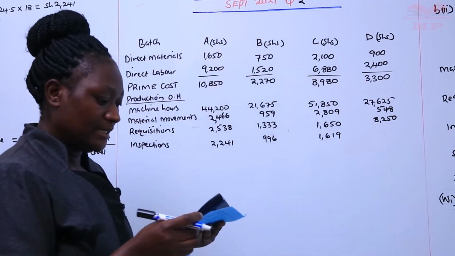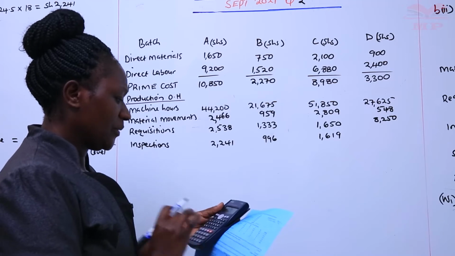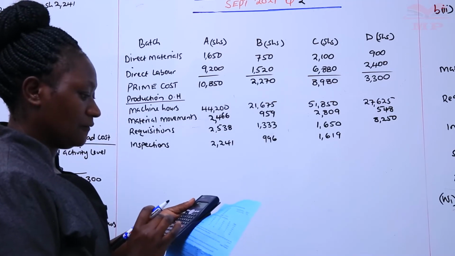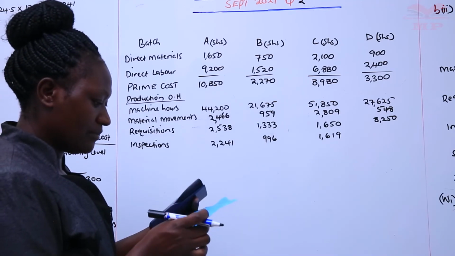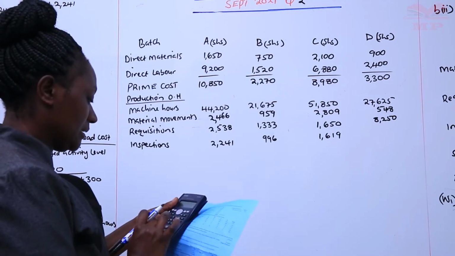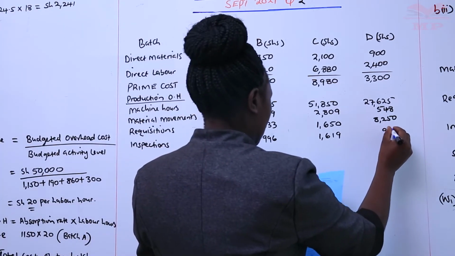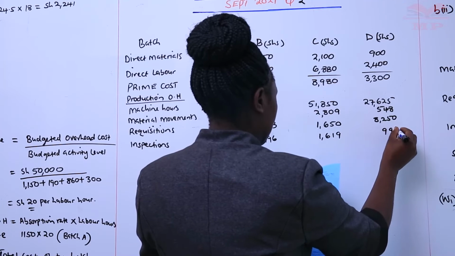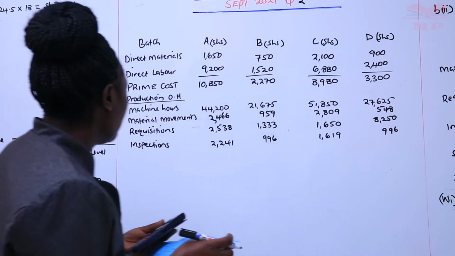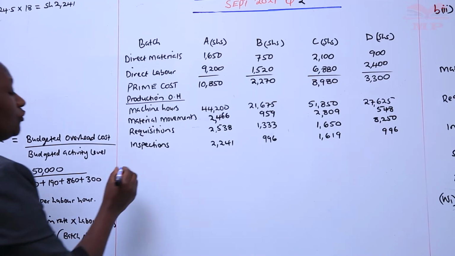And then for D, the inspections are 8, not 14. 124.5 multiplied by 8 will give us 996. That was based on inspections. Then we move on to setups.